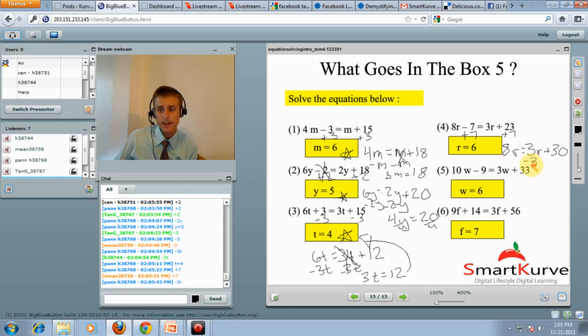Correct. Subtract 3r from both sides. These two cross out. We have 5r equals 30. This is the simple equation from earlier. We want the r by itself. Divide each side by 5. R equals 6.